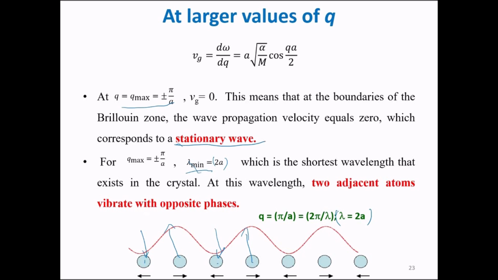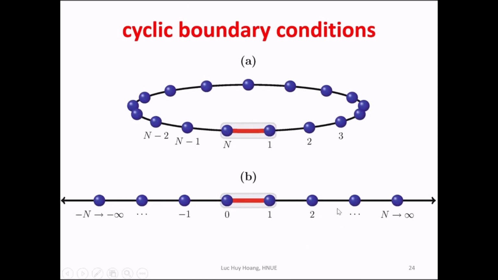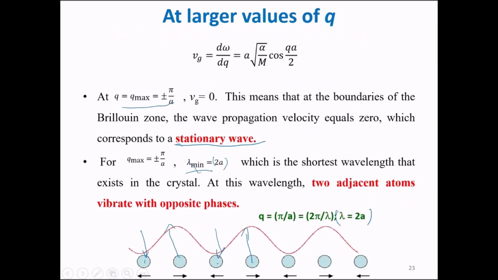So finite means it has a boundary. For example, if we consider this atom, this one. Because it's at the boundary, this atom has a neighbor on the left, but on the right it doesn't have any atom.